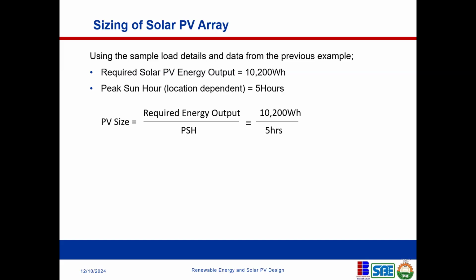In our first class, I explained what the PSH is, and I talked about it in Nigeria. In Nigeria, it varies. If you're going towards the northern part of Nigeria, it is safe to assume 5 hours. At maximum, you can do 6 hours because you have more sunshine in that region. If you're going towards the southern part of Nigeria, it is safe to assume 4 or 4.5, at maximum 5.